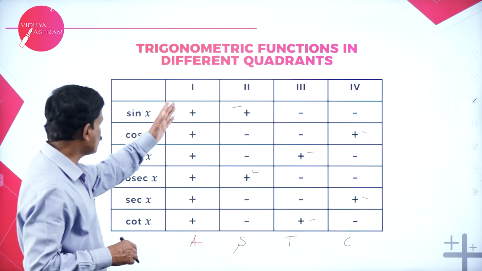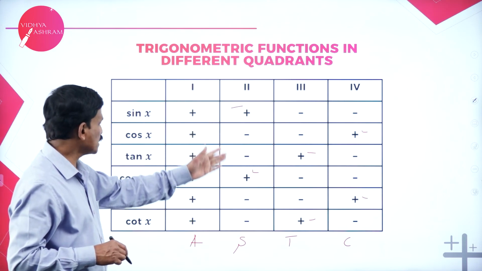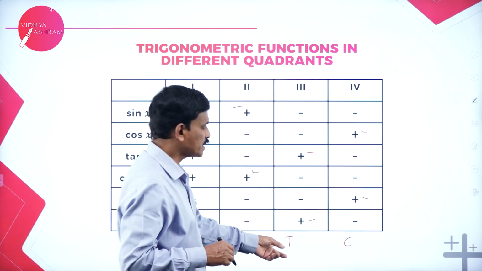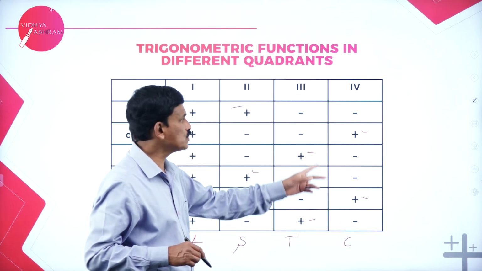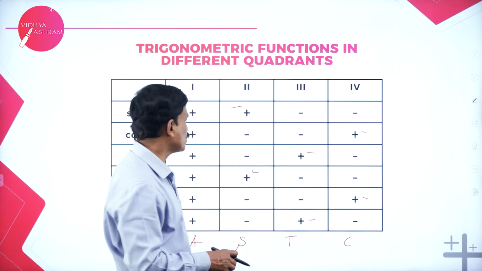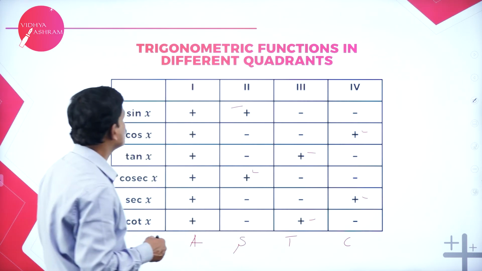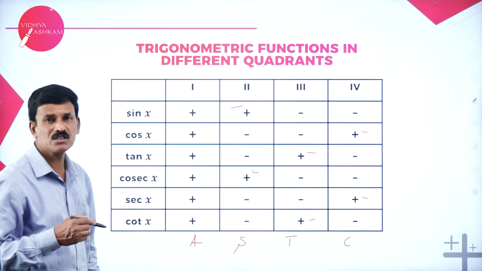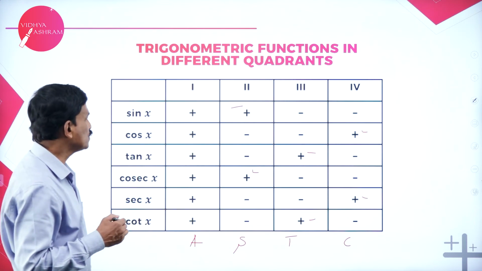Now here in the first quadrant all are positive. In the second quadrant only sine and its reciprocal are positive, in the third tan and its reciprocal are positive, and in the fourth quadrant cos and its reciprocal are positive. So these are the signs of trigonometric functions in different quadrants.